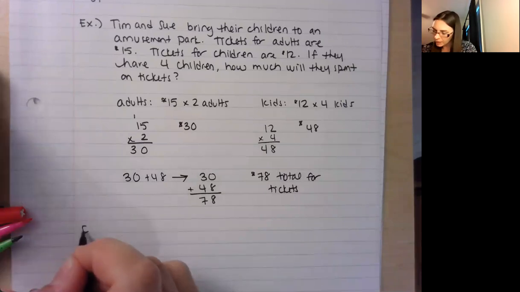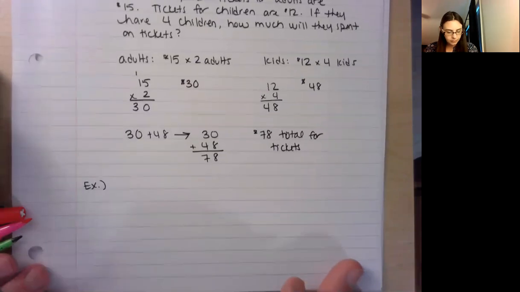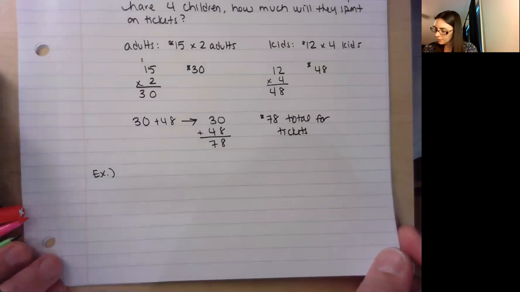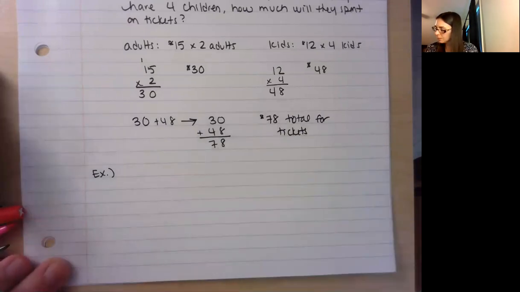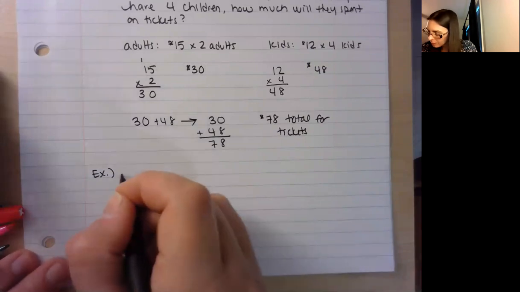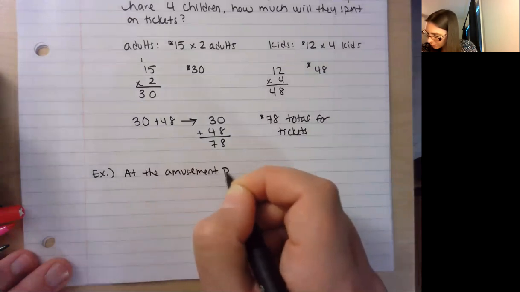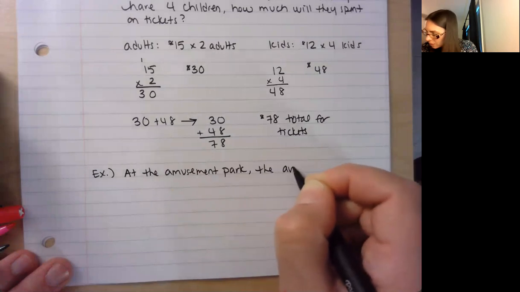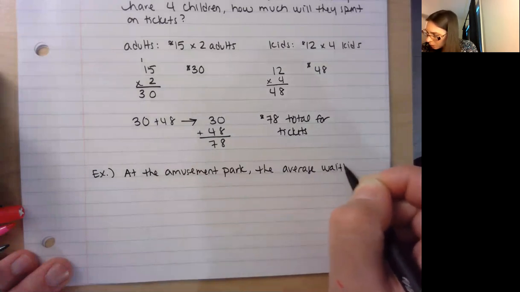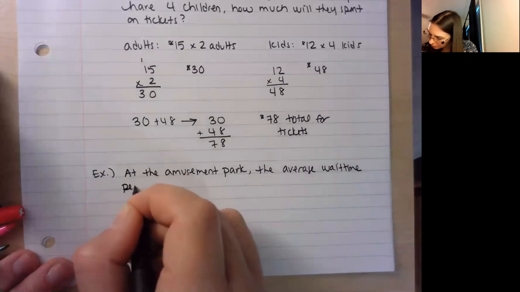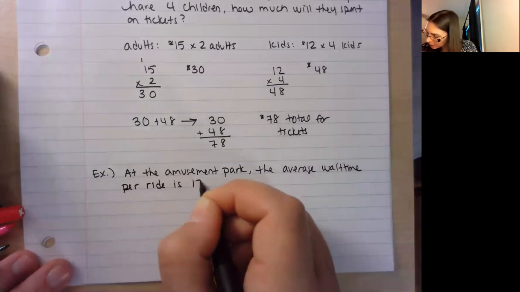And I just want to do one last example here. Okay, so let's say that Tim and Sue are at the amusement park. The average wait time per ride is 12 minutes.